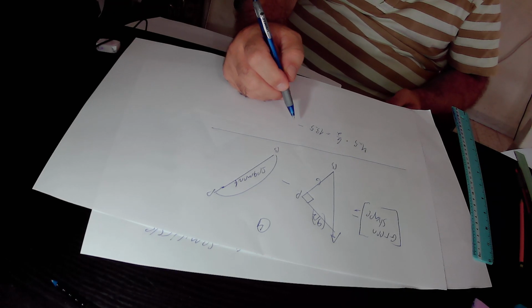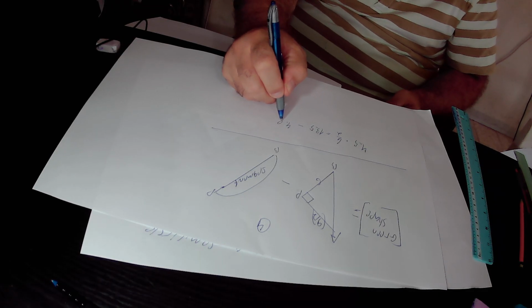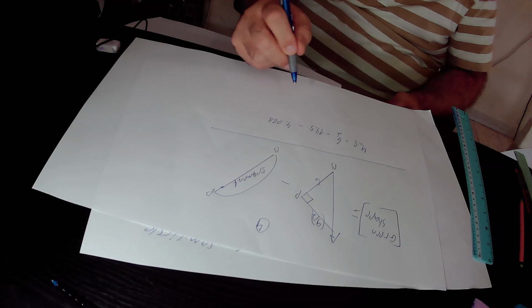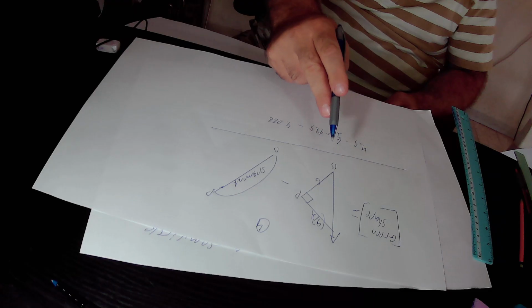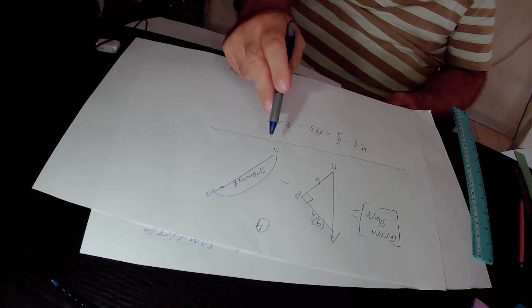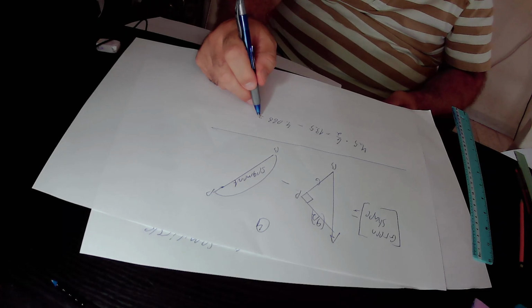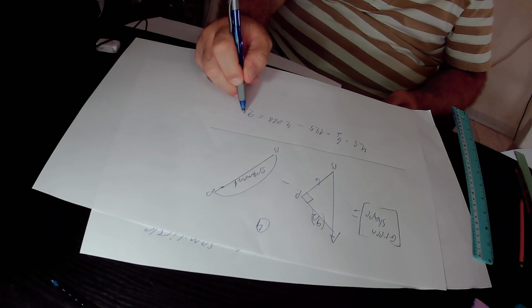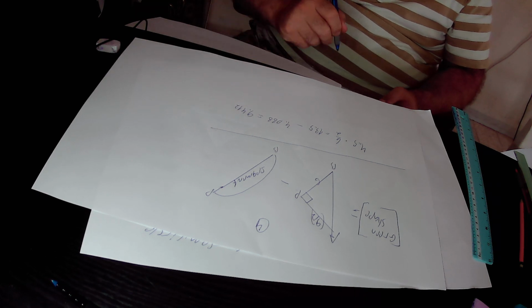We already found out that the area of this segment BP is equal to 4.088 square units. And 13.5, the area of this right triangle ABP, minus the area of this segment BP, that is 4.088, is equal to 9.412 square units.